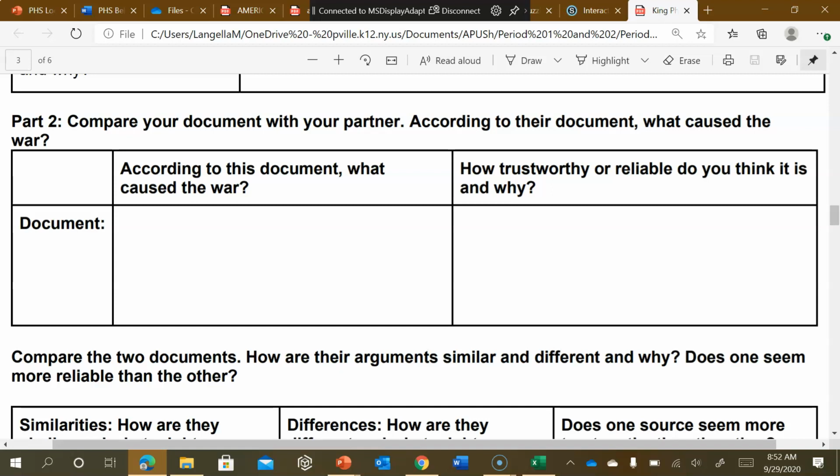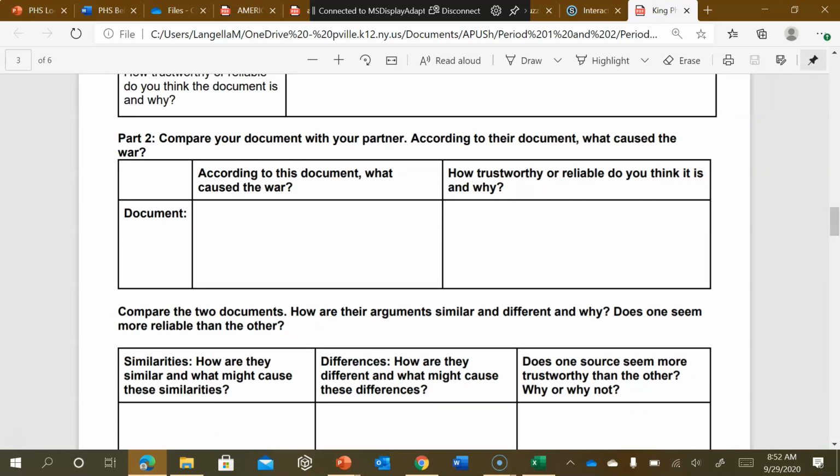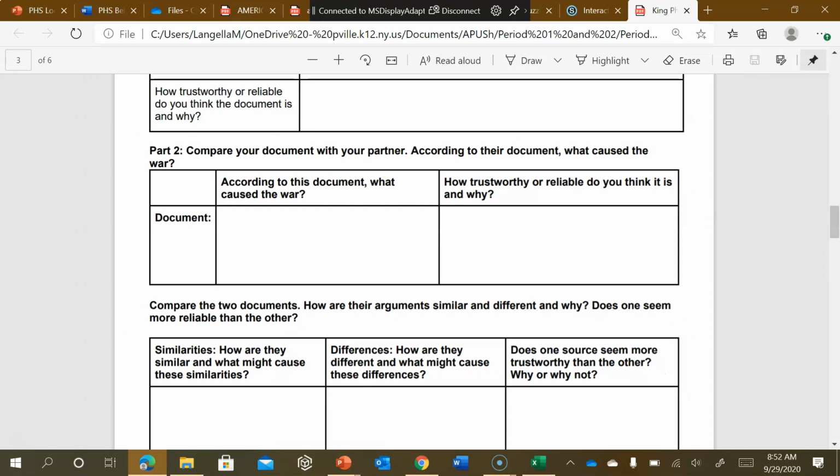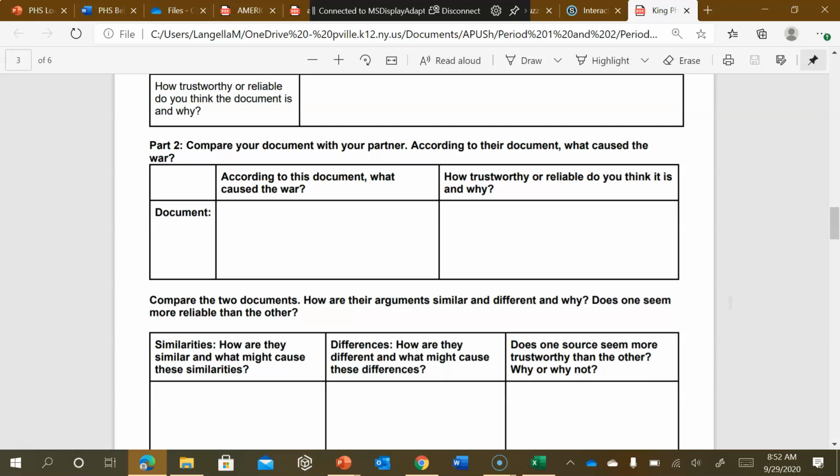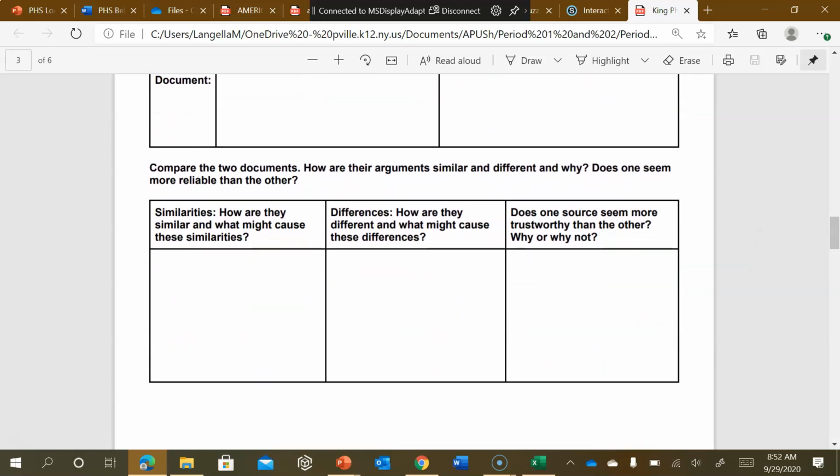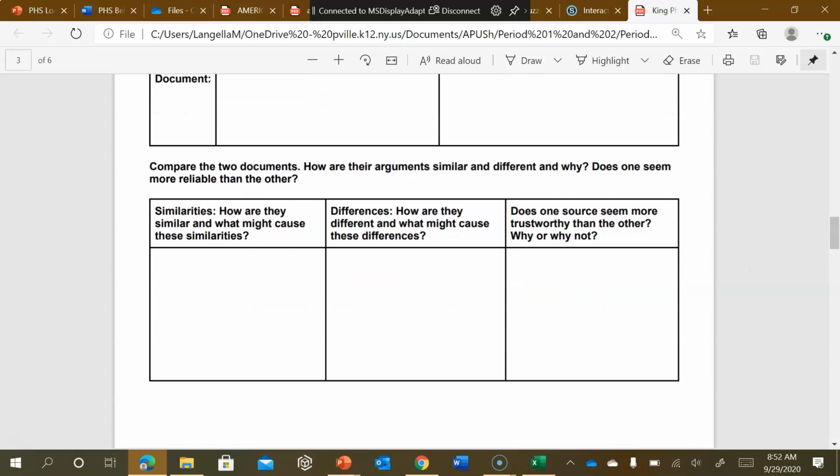What caused the war, according to your perspectives, what you read, right? Now you're going to talk with the other person about their document and get their point of view, right? I think I already kind of answered that question, so you should just fill that in already. And then as we finish, I want you to do the similarities and differences between your different accounts.